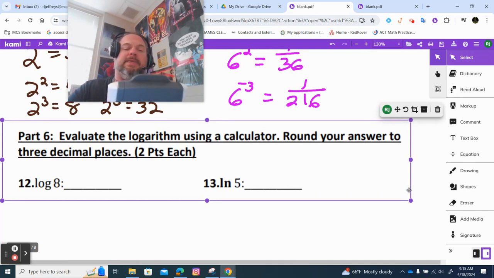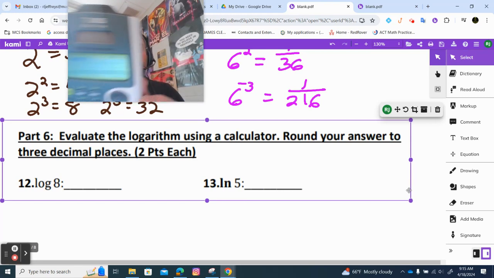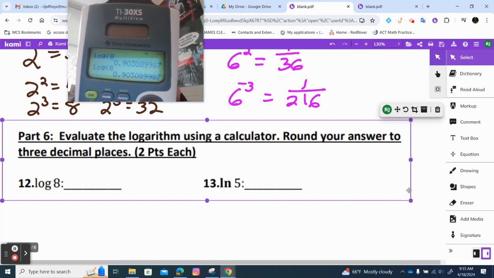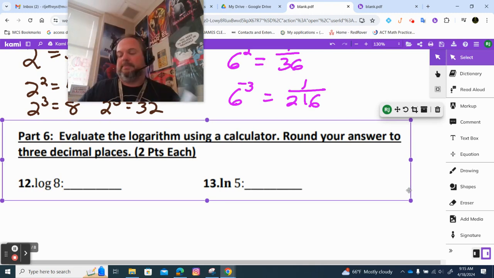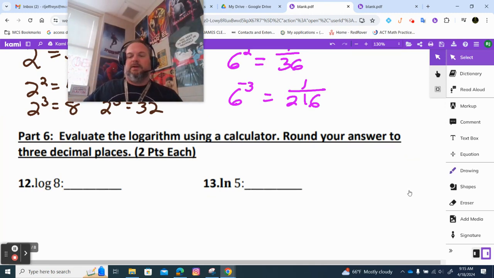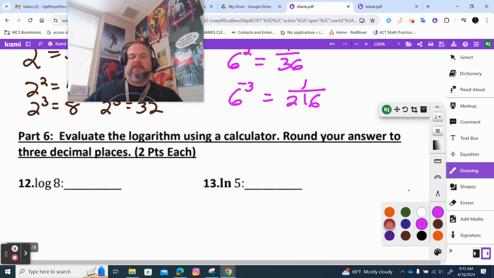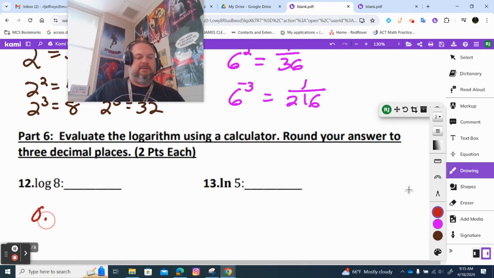All right. Log of 8. Oh, hit it twice. So this is calculator work. 0.9030, because this is not 5 or higher. All right.